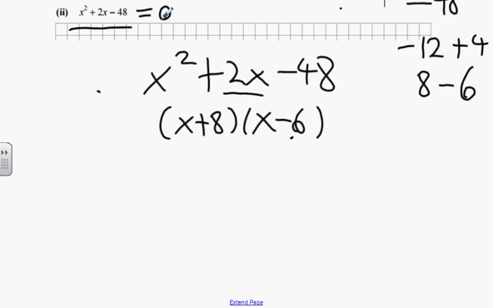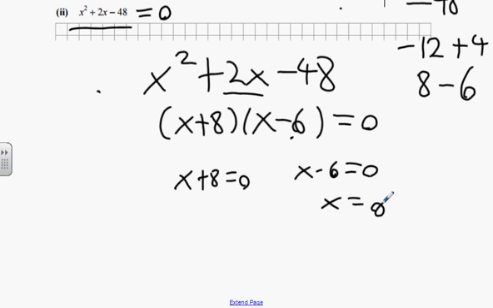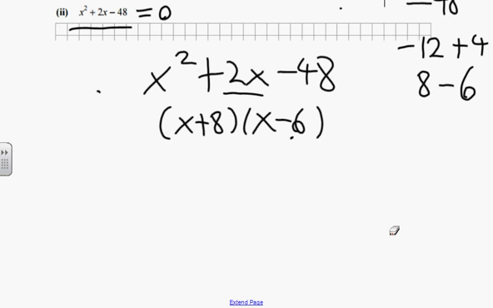If it says solve this equal to 0, then you say the first bracket equals 0 or the second bracket equals 0, so x equals 6 or x equals minus 8. But for this question, all you need is a factorized answer, so that's you done.